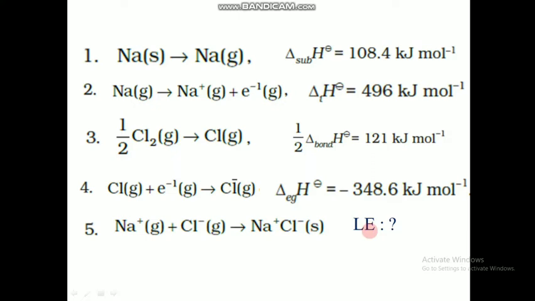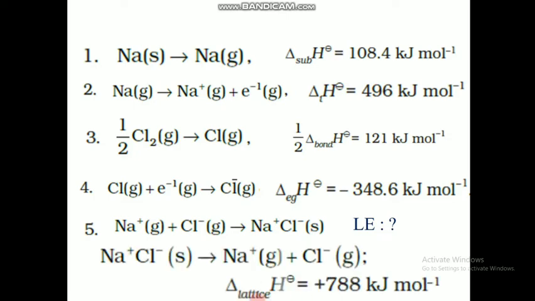We have two types of lattice enthalpy: the lattice dissociation enthalpy and the lattice formation enthalpy. In both cases the value will be the same. When we spoke about this reaction, we spoke about the lattice dissociation enthalpy, where the lattice is broken down into ions. If we reverse the reaction, where we get the lattice formation, Na plus Cl minus gives NaCl. That is the reaction we have written here.